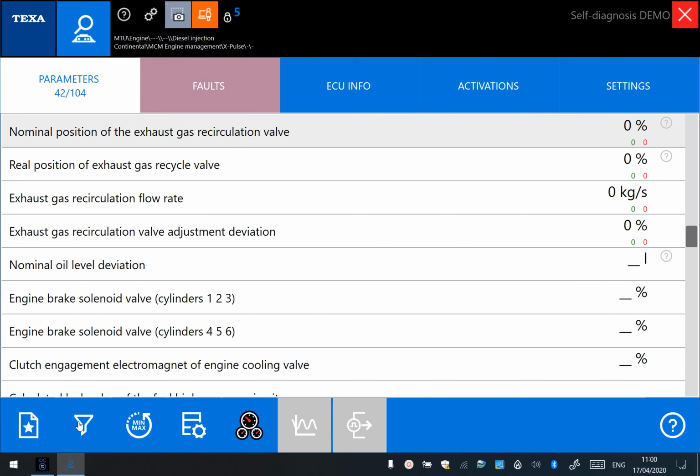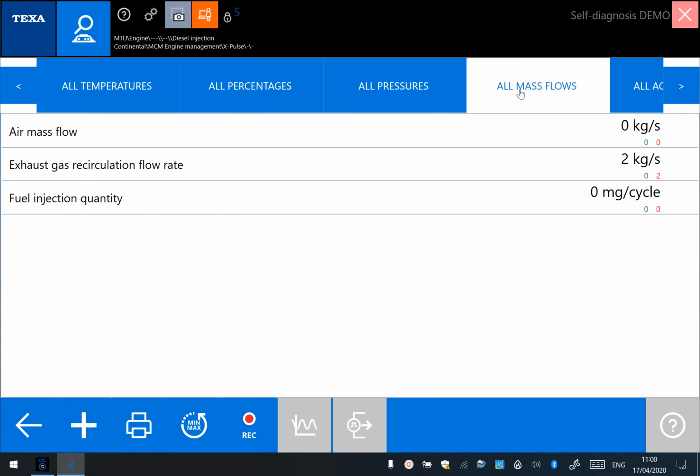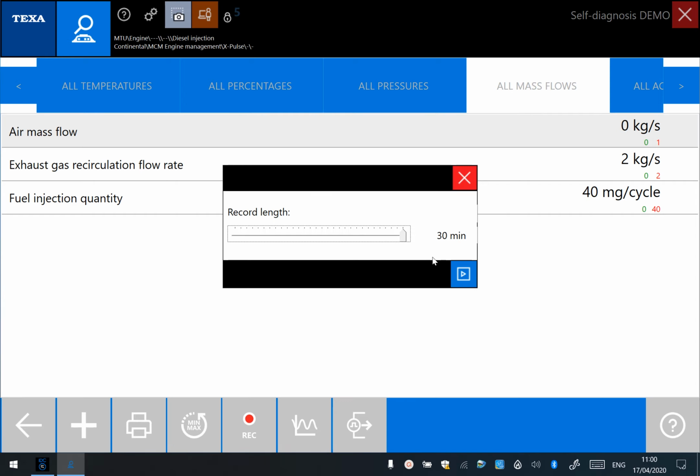Obviously there is quite a few there, so you can click on favorite parameters just down in the left hand corner here, and that then splits it down into all temperatures, percentages, pressures, mass flows, and so on. So it just makes it a little bit easier for you to read. While it is like that, you are able to do up to a 30-minute record.